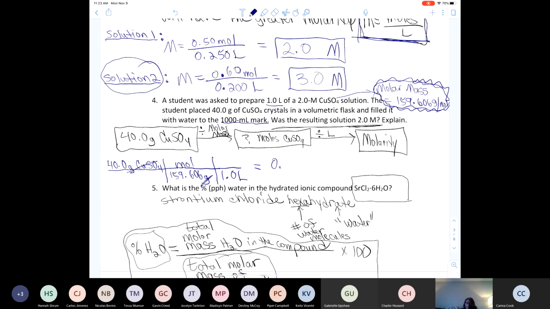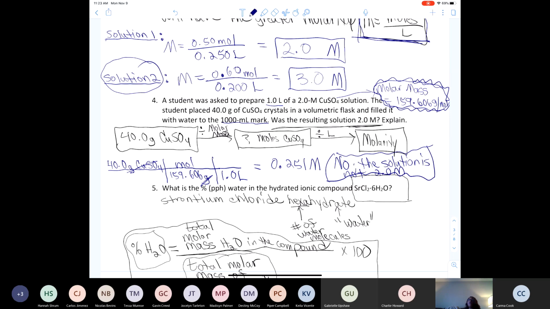And I get the same, 0.251 molarity. So no, the solution is not 2 molarity. So the student did not make the solution correctly.